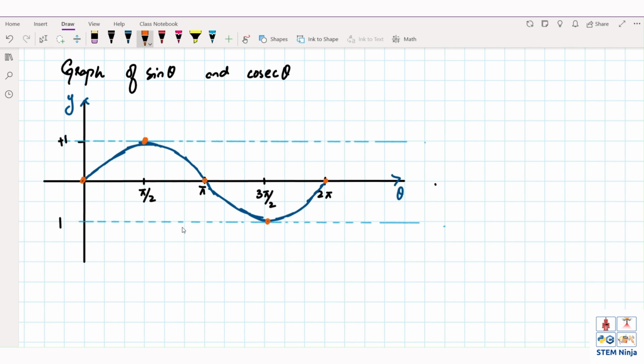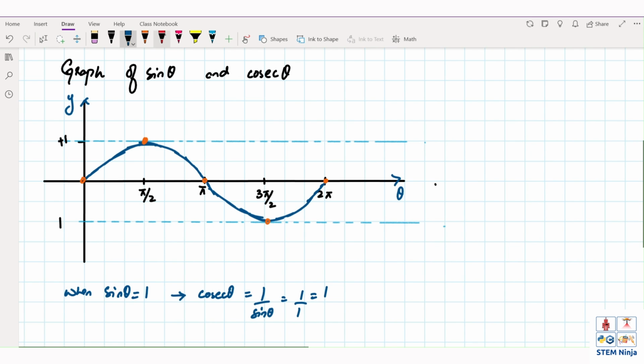So whenever the value of sine theta is 1, cosecant theta, which is 1 over sine theta, would also be 1 over 1, which is 1. So we'll draw with a green, so wherever it's 1, and even minus 1, that would be the case.